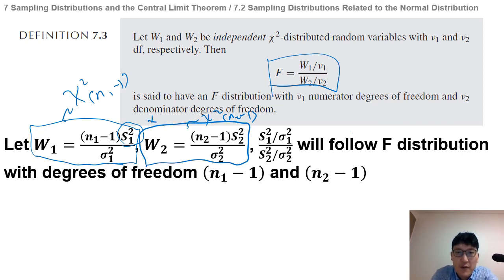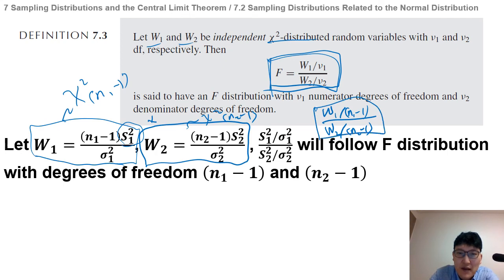And from the definition of F, here W1 and W2 are independent chi-square distributions, and so W1 divided by n1 minus 1 over W2 divided by n2 minus 1. This term is actually this thing. You can calculate it by yourself.